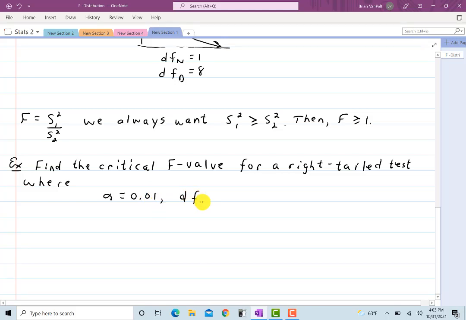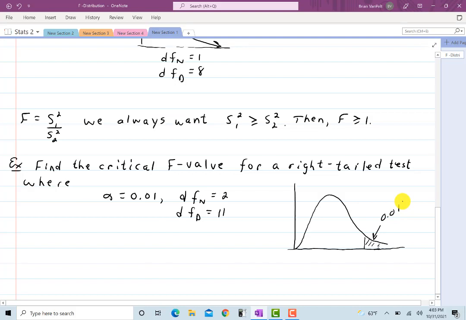The degrees of freedom in the numerator is equal to 2, and the degrees of freedom in the denominator is equal to 11. Right off the bat, I don't know what the graph looks like, so it doesn't hurt to always just draw a shape like this, forget about what the various shapes look like, and concentrate on the tail ends like we normally do. With alpha equals 0.01, I'm talking about that tail end over there. And what I want to find out is this f sub 0 number.